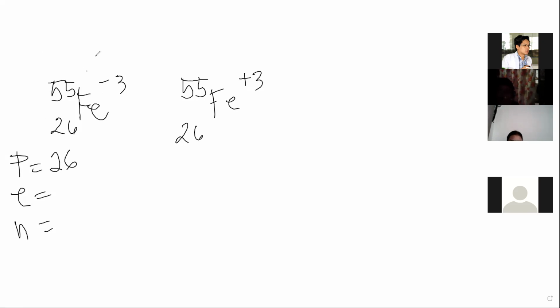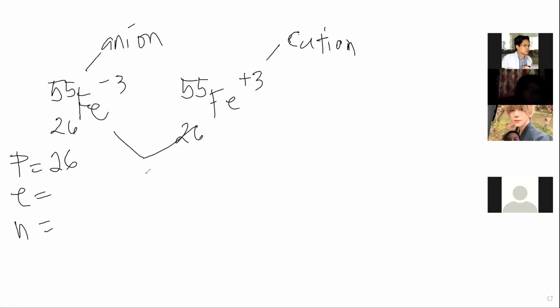This two, this is an ion, and this is cation. Okay? These elements also are called what?